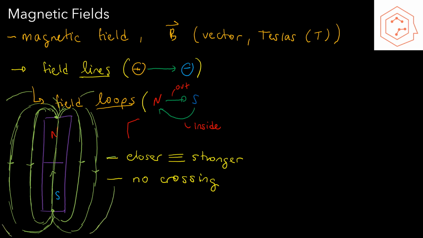Now, this concept of loops, or having magnetic loops, is really important because it implies that all the magnetic field lines are connected for magnetic fields.